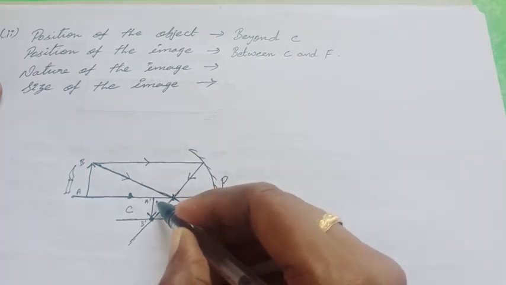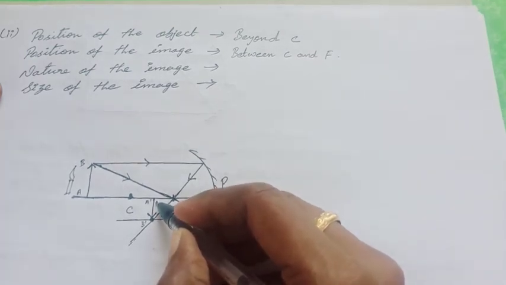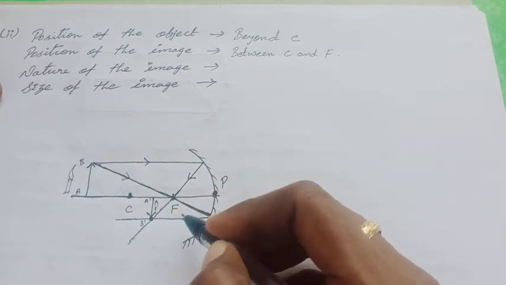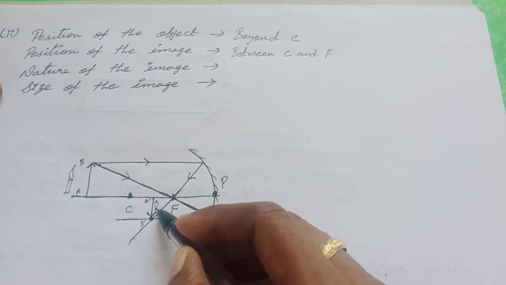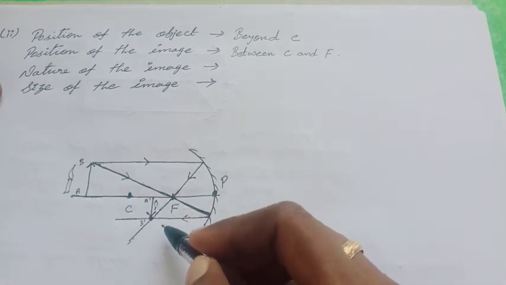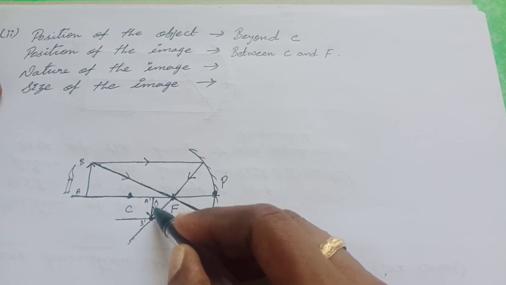The flame of the candle will be obtained on the screen like this if you place a screen over here. So it means what? The image is obtained on the screen.